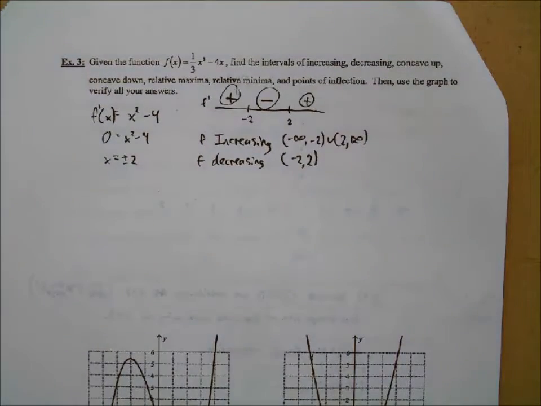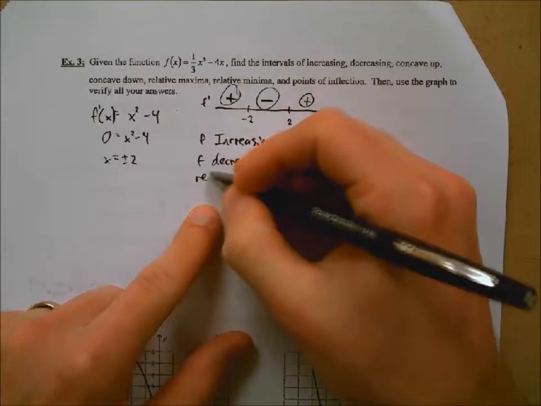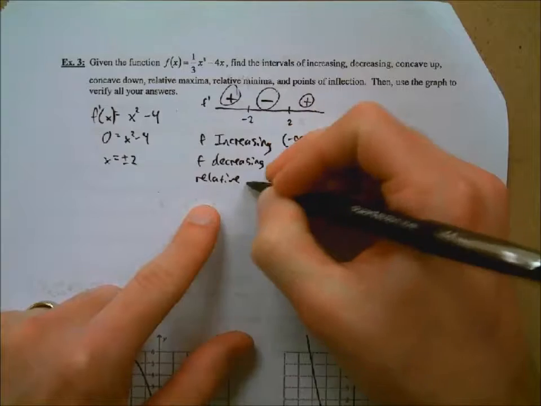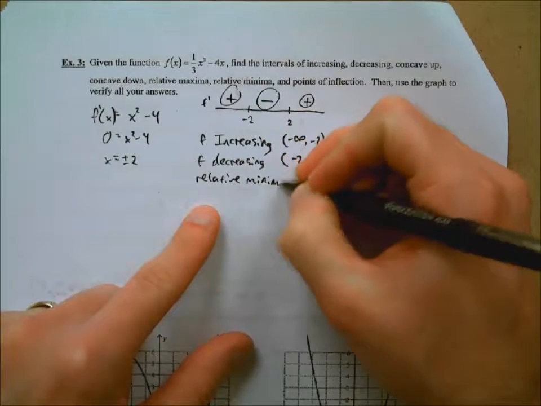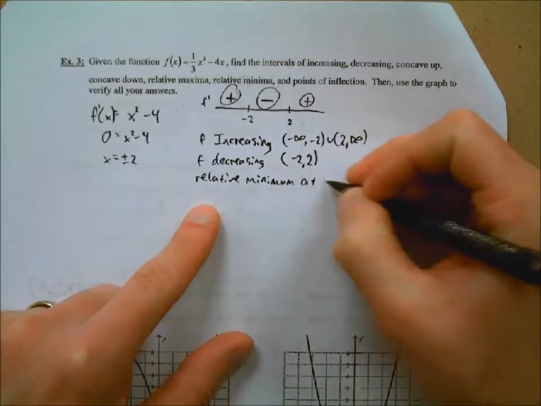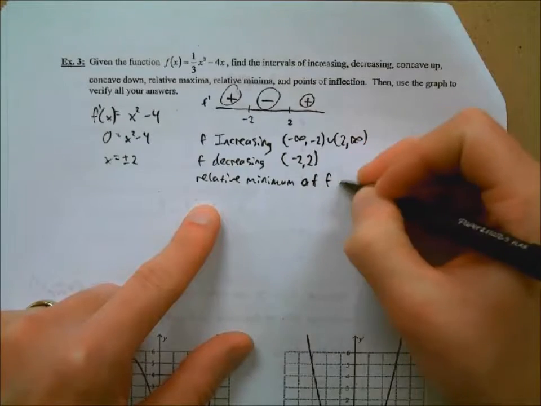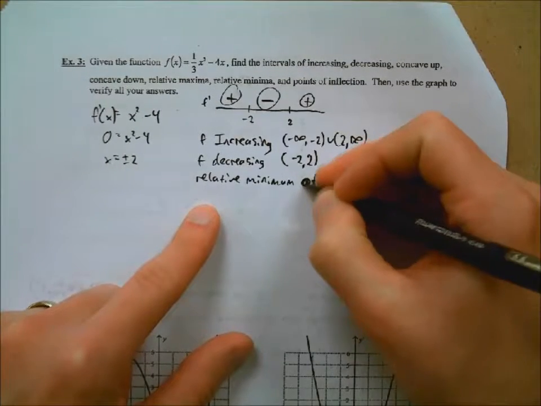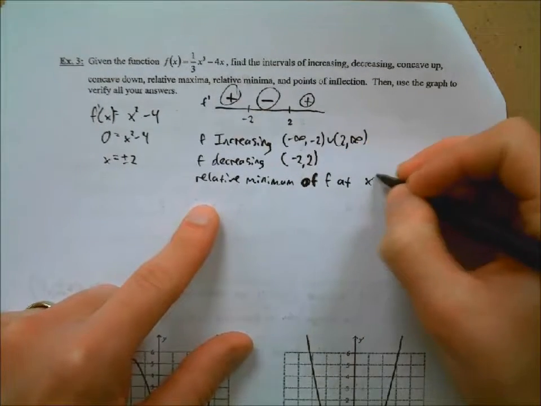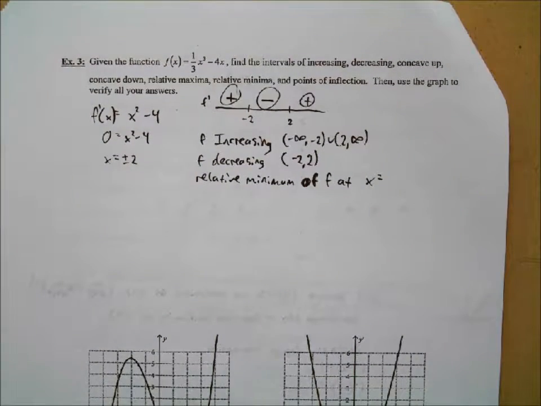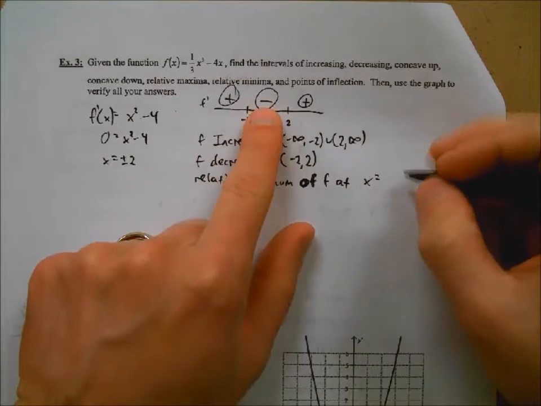We can also identify relative extrema here. Relative minimum of f at x equals what? What does our analysis here tell us? x equals 2, because the first derivative is changing from negative to positive.